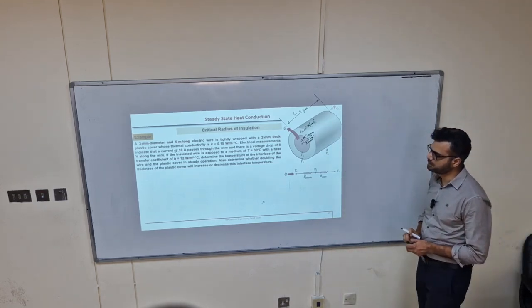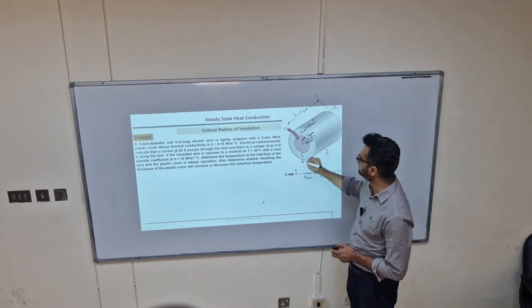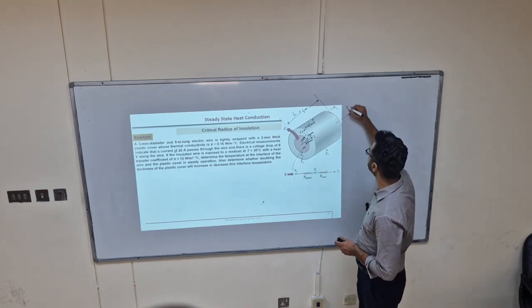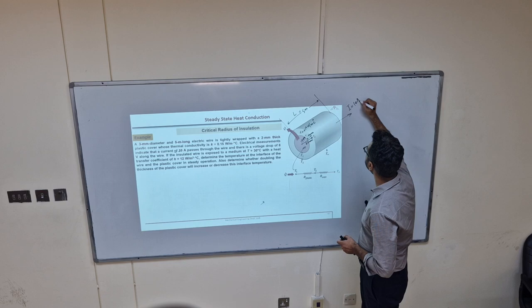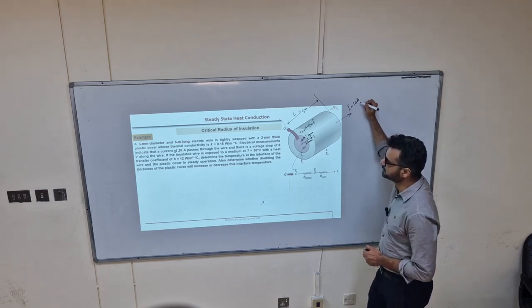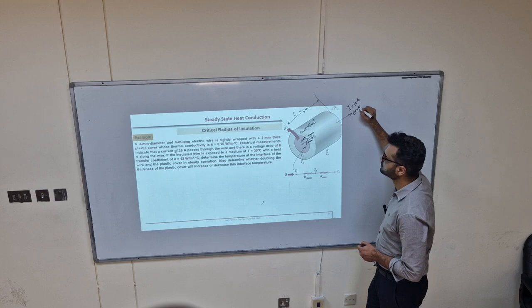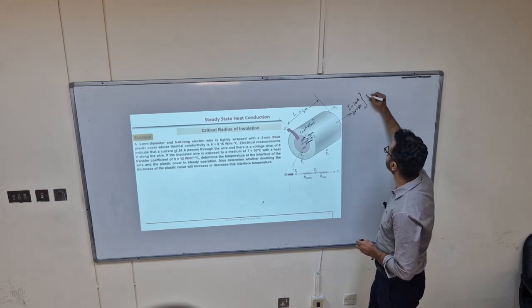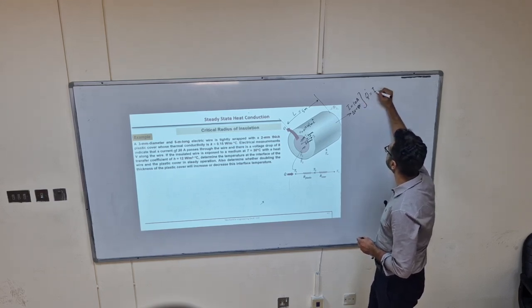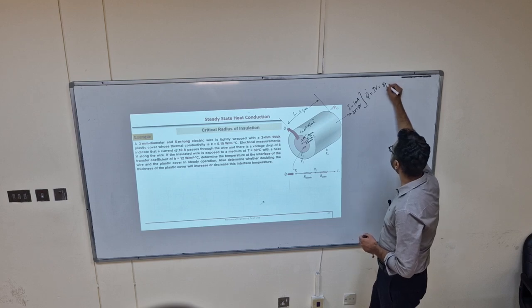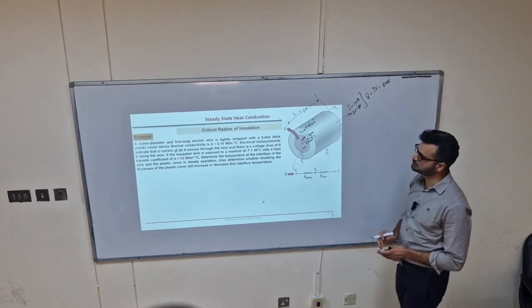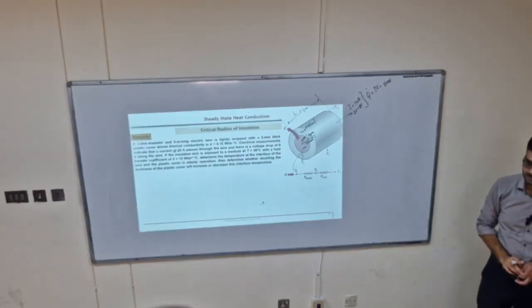Electrical measurements indicate that a current I of 10 ampere passes through that wire, and there is a voltage drop of 8 volts, so I know Q dot is 80 watts, that is the heat which is produced in that wire.